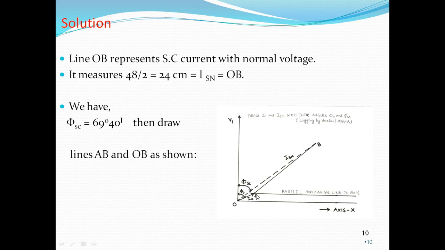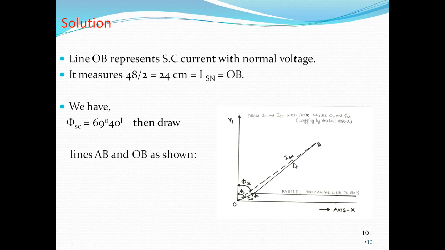Next, what we have to do? We have to draw a line from point A parallel to the x-axis. After drawing this, we have to bisect the line AB. How can we bisect?